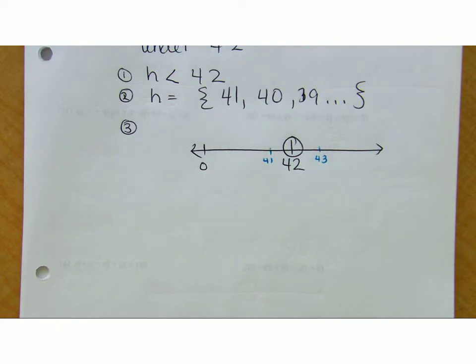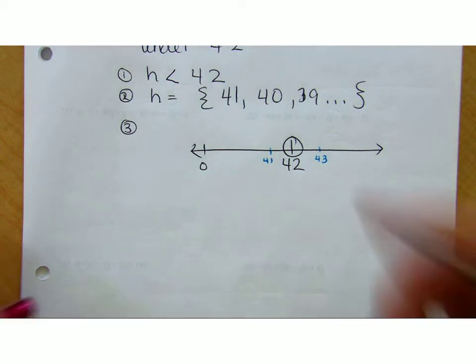Now let me show you then. I had somebody say, if you don't color it in, then why don't you just start at 41, Ms. Z? And what answer did I have for them? Is there a number that is less than 42, but greater than 41? Sure, it's all these numbers right in here.